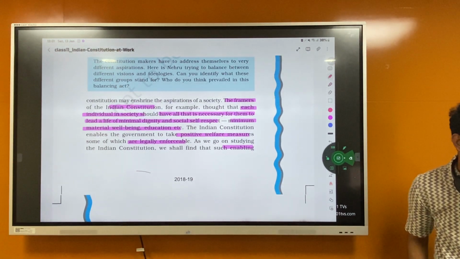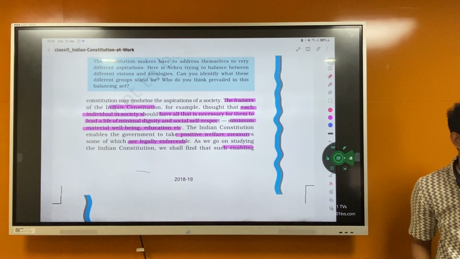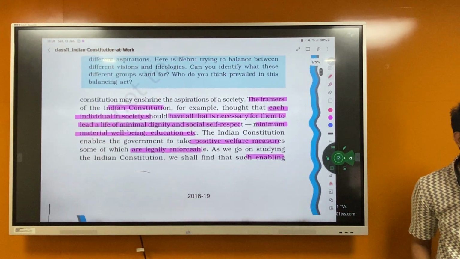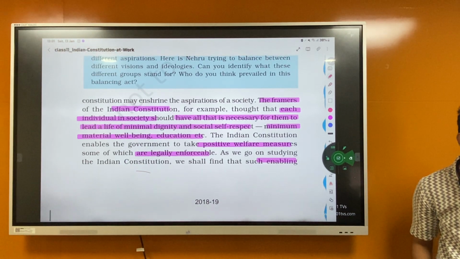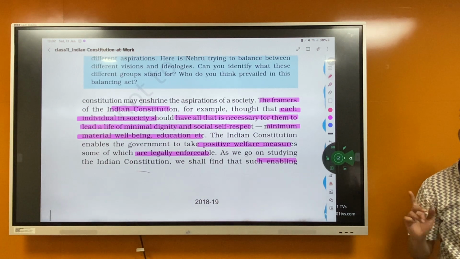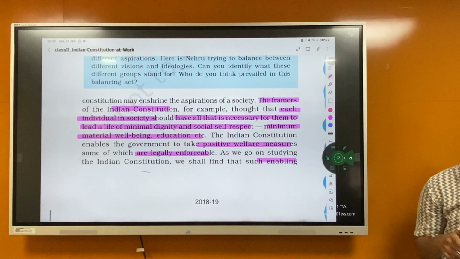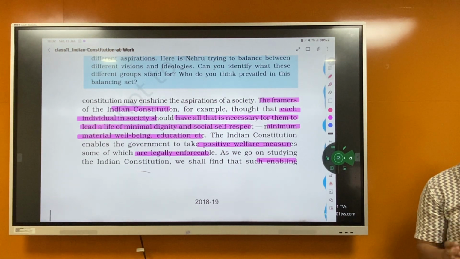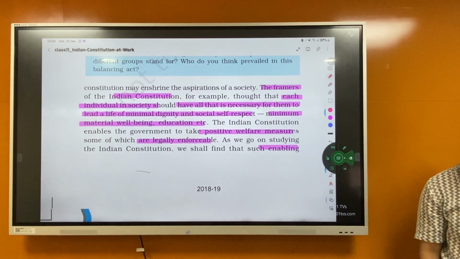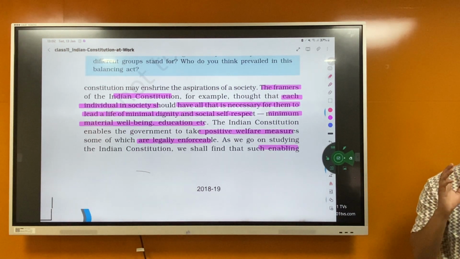Okay, next. More positively, a constitution may enshrine the aspirations of a society. The framers of the Indian Constitution, for example, thought that each individual in society should have all that is necessary for them to lead a life of minimal dignity and social self-respect, minimum material well-being, education, etc. This is already decided because this is what a citizen should have.